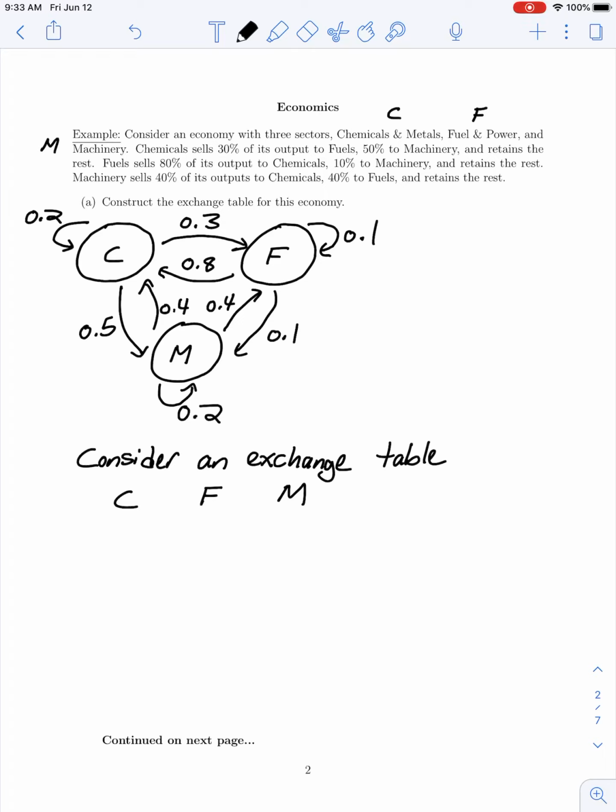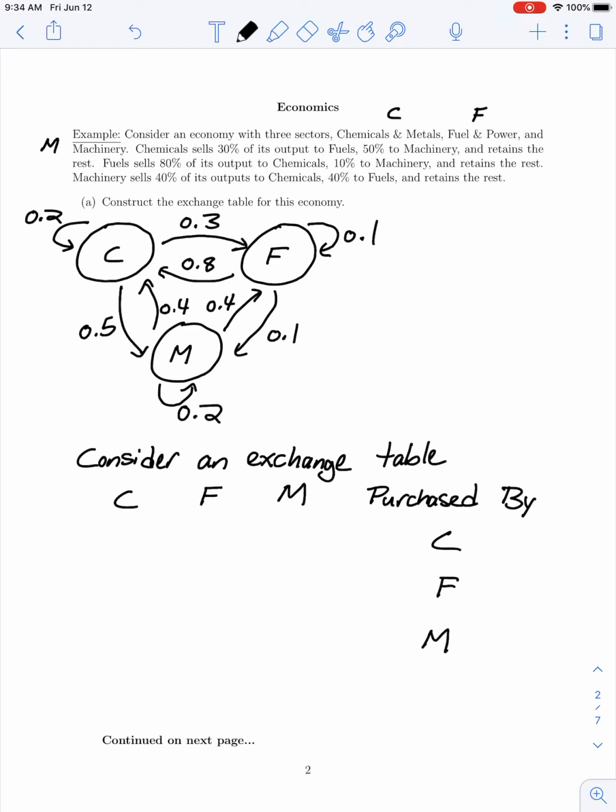And the outputs for each of these three sectors are being purchased by different sectors within our economy. So we'll include a purchased by column. And here, since there's only three sectors within this economy, each output could be purchased by one of the same sectors, either chemicals and metals, fuel and power, or machinery.